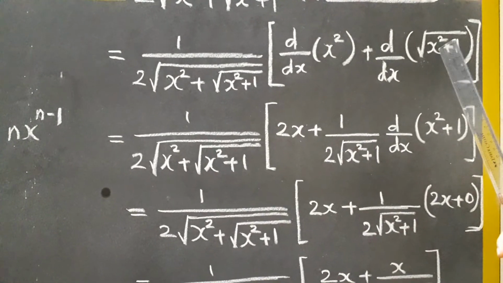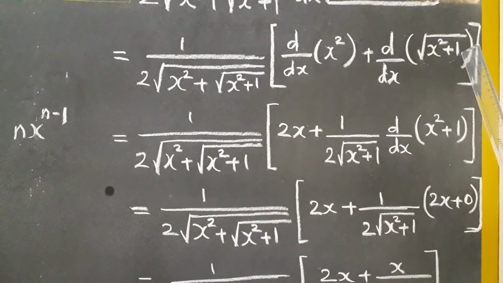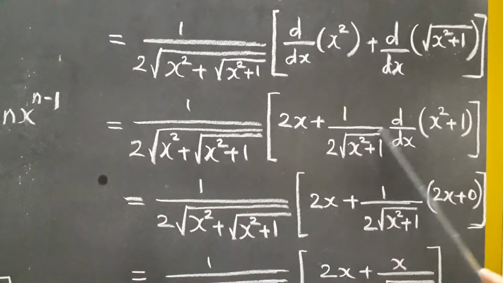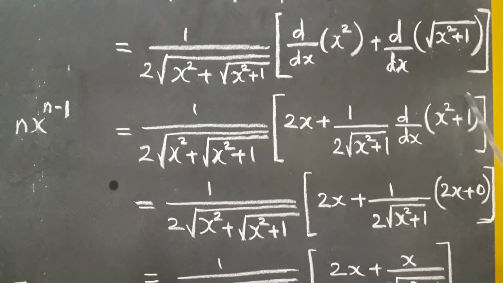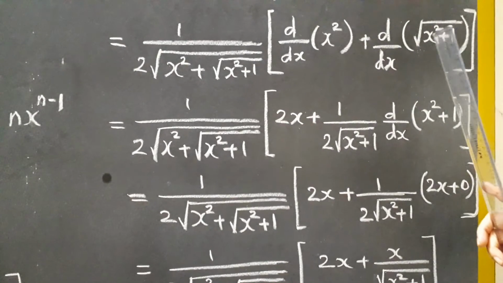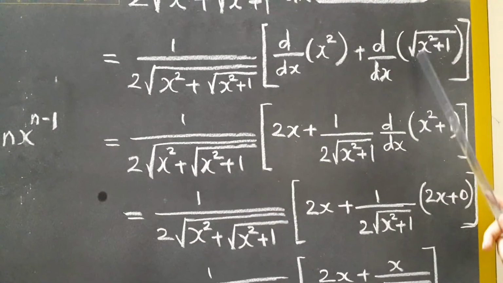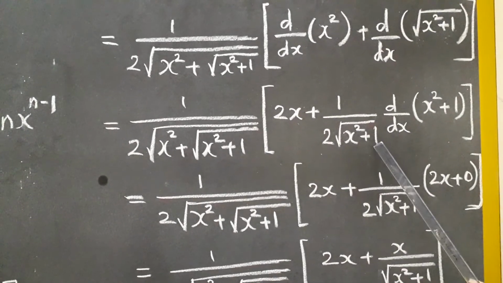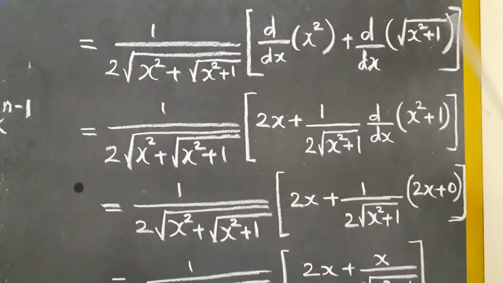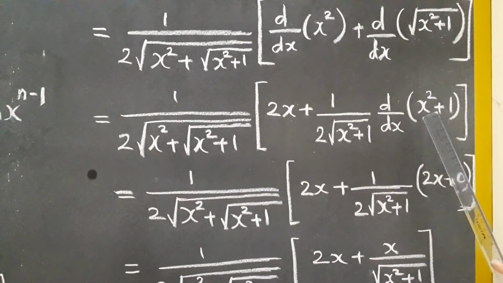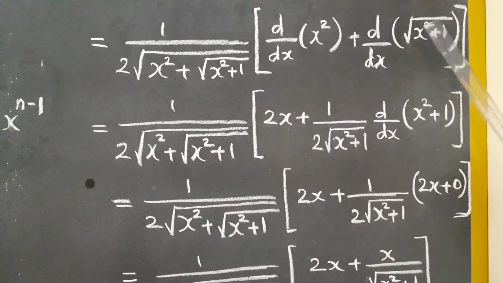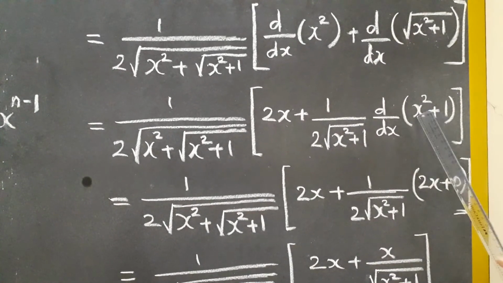Now we will have to open the box which contains x square plus 1, and that is why we are multiplying by the derivative of this single box, x square plus 1. Do you get it? We have found the derivative of the root function using the formula multiplied by the derivative of the thing which is inside the root function.